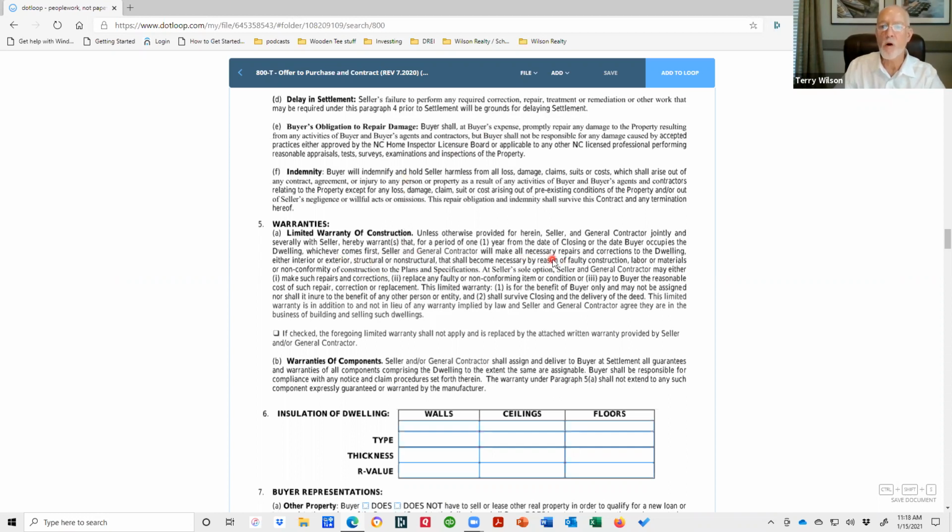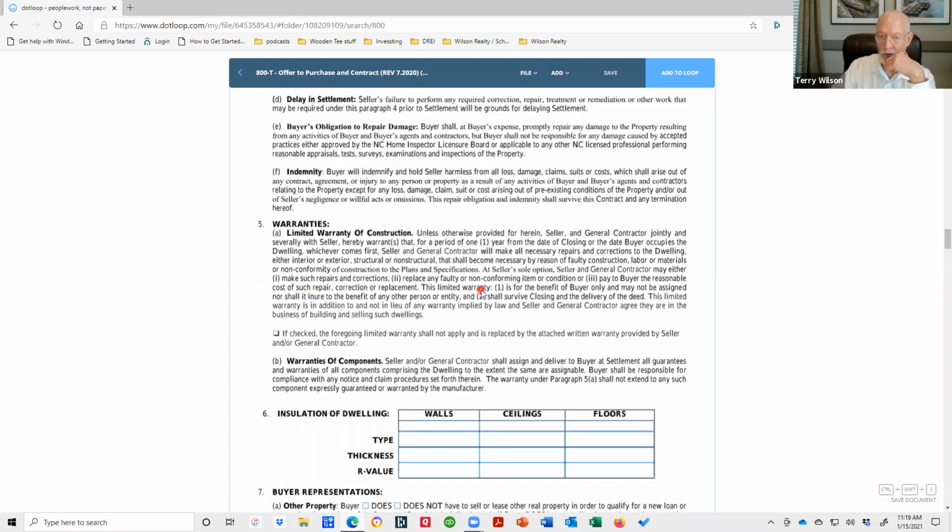Will make all necessary repairs and corrections to the dwelling, either interior or exterior, structural or non-structural, that shall become necessary by reason of faulty construction, labor, materials, nonconformity of construction to the plans or specs. At seller's sole option, the seller or the general contractor may either make such repairs, replace any nonconforming, or pay the buyer money and the buyer can make the repairs.